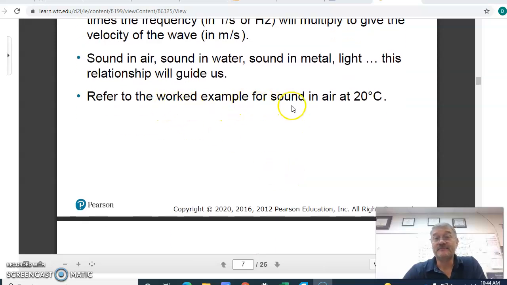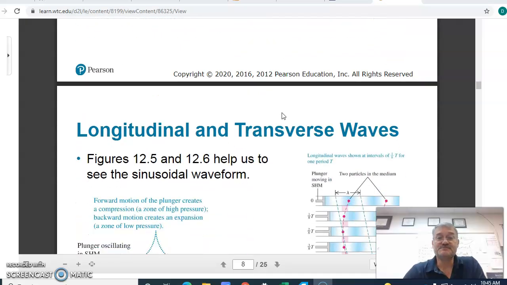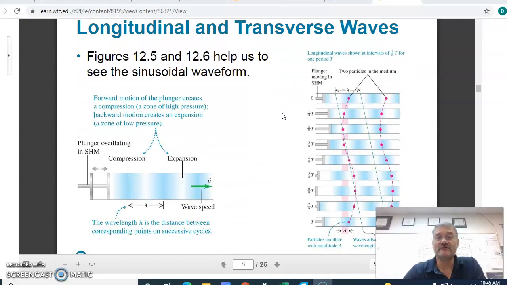The speed of sound in air is usually referred to at 20 degrees Celsius, which is 340 meters per second. As temperature goes up, because there's more energy in the air, you get a faster speed for the travel of the sound. So again, here are some longitudinal and transverse wave comparisons.